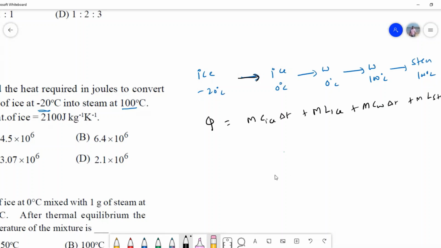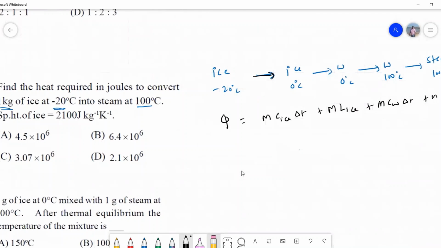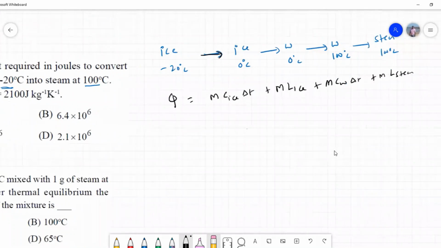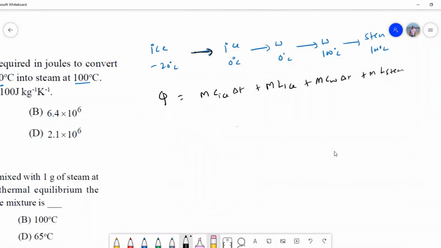Since the mass is given as 1 kg, I'll convert into grams so that I can take specific heats and latent heat in calorie per gram. Everywhere m is constant, so I can take 1000 common. Specific heat of ice in calorie per gram is 0.5. Change of temperature, final minus initial, 20, plus latent heat of ice 80 calorie per gram, specific heat of water 1, change of temperature 100 minus 0, 100, plus latent heat of steam 540.